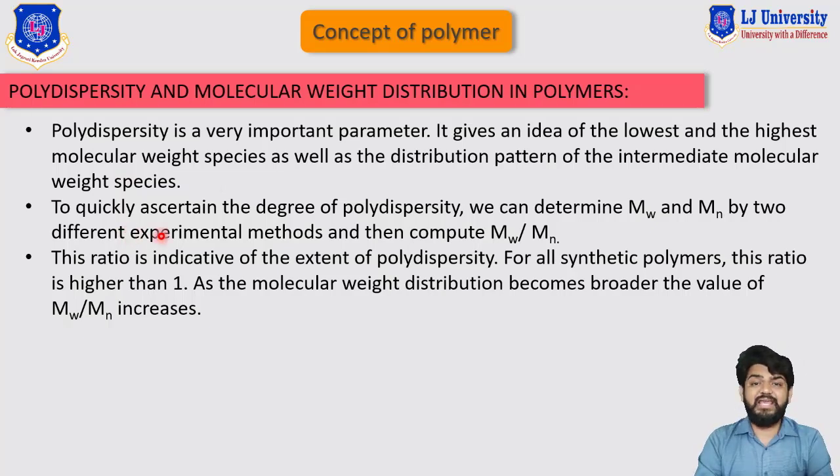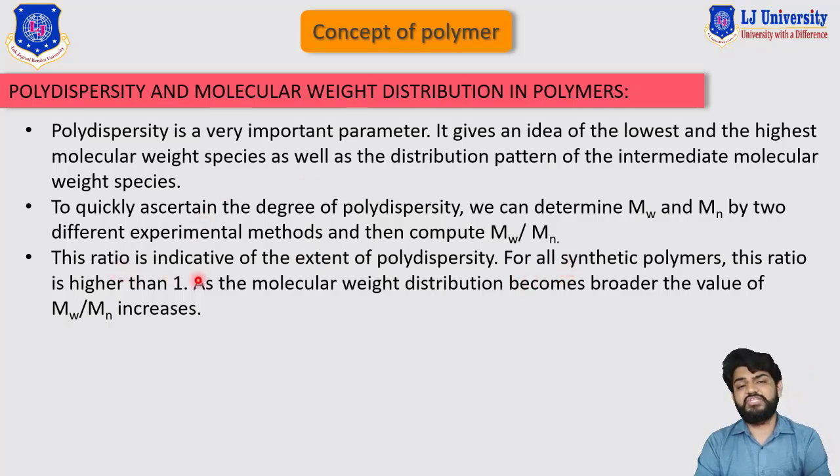To quickly get an idea of the degree of polymerization, we can determine Mw, the weight average molecular weight of the polymer, and Mn, the number average molecular weight, by two different experimental methods, and compute the ratio Mw divided by Mn.